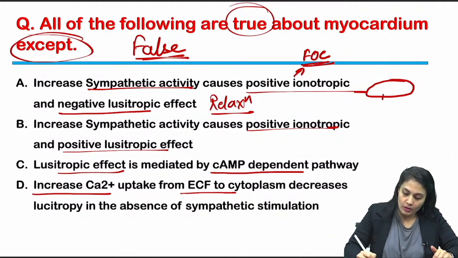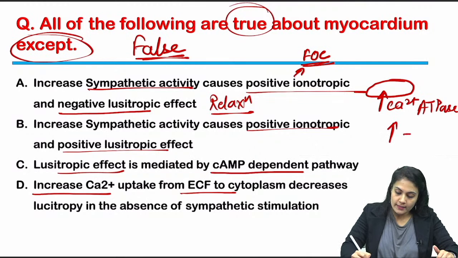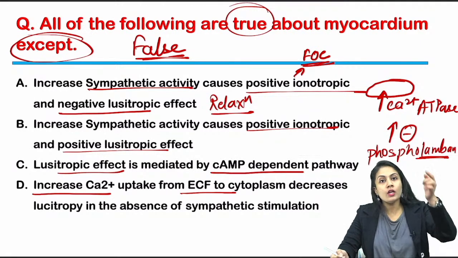Just please remember, this is the sarcoplasmic reticulum, and on the sarcoplasmic reticulum we do have SERCA or calcium ATPase. This calcium ATPase is inhibited by a protein known as phospholamban. So it is the negative regulator in the normal phase.